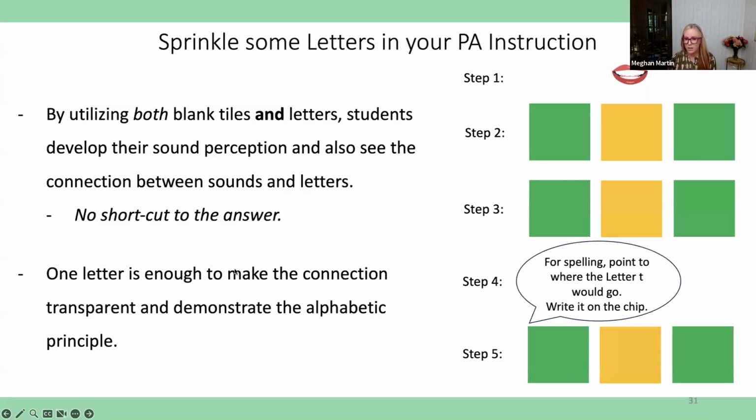Now write that on the chip. And it's really convenient if you have laminated chips or just regular plastic chips. A dry erase marker easily writes on it and then easily wipes off. And then the student would write that T on the chip and then blend those sounds together again. At, mat. So we'll walk through that again with a 4-sound word.